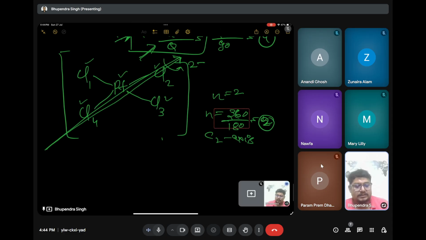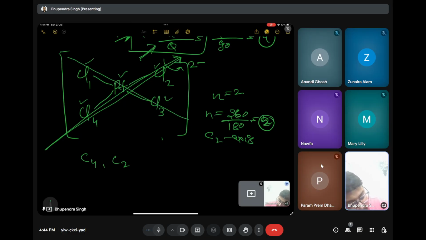Now by looking at this, you can determine how many C2 axes are present. Till now, what have we got? We have one C4 axis and one C2 axis. Let's determine how many C2 axes we have. This is one more C2 axis.